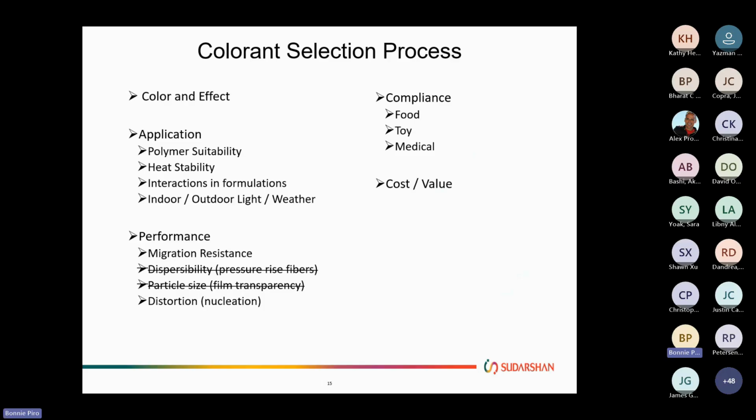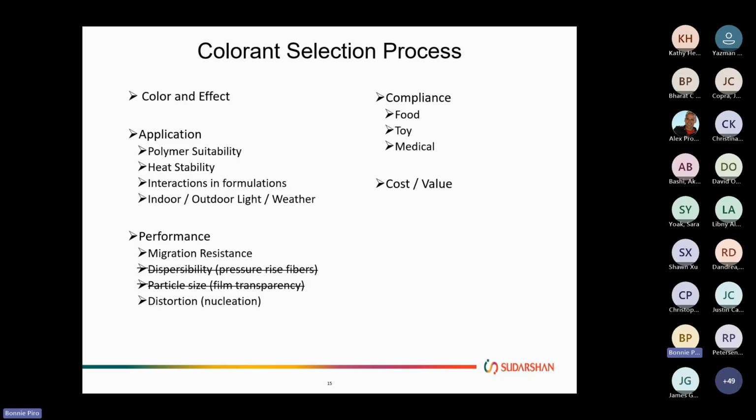That brings us to this chart that we use a lot. Again, looking at your selection process, certainly color and effect. We saw some interesting ones earlier with bringing in effect pigments to go with that great transparency of the solvent dyes.